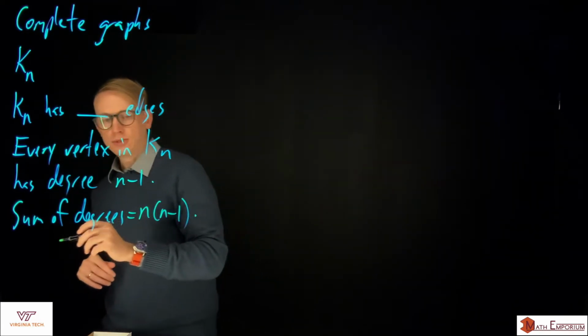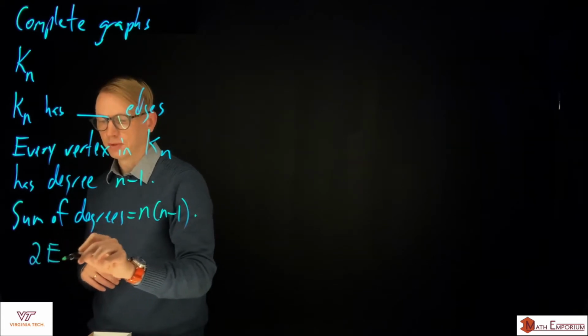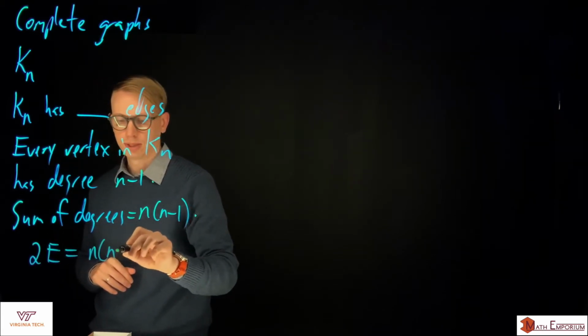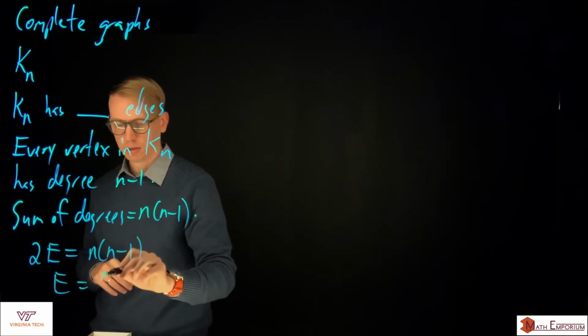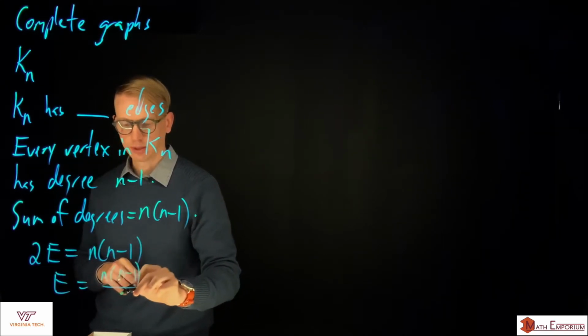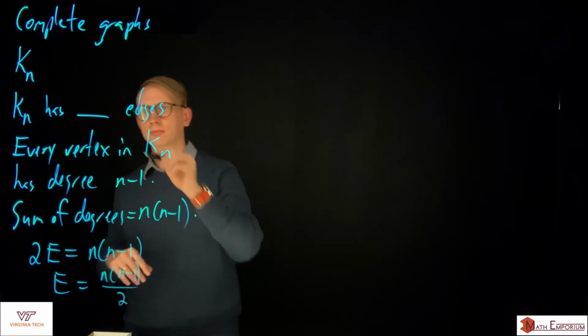I know this is equal to 2e, so 2 times the number of edges is n times n minus 1. So the number of edges should be n times n minus 1 divided by 2. And so that's the answer.